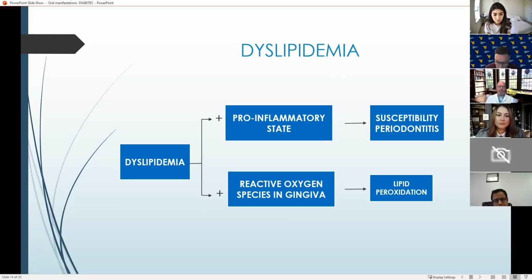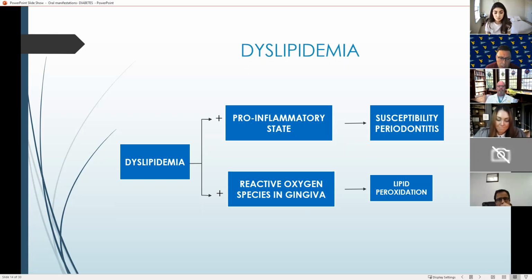Furthermore, it is thought that besides glucose, lipids can also act as a source for reactive oxygen species in gingiva through lipid peroxidation. Patients with diabetes and dyslipidemia have shown increased levels of markers for lipid peroxidation.